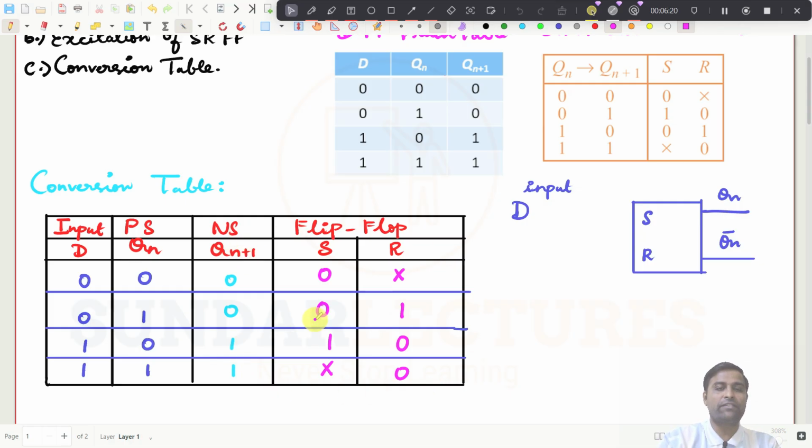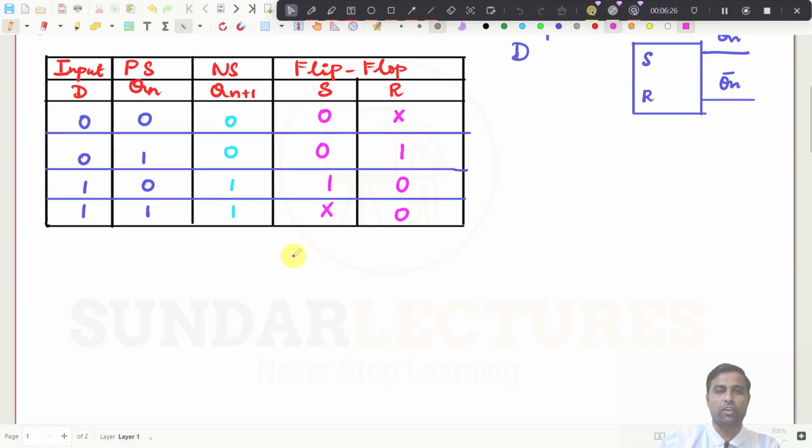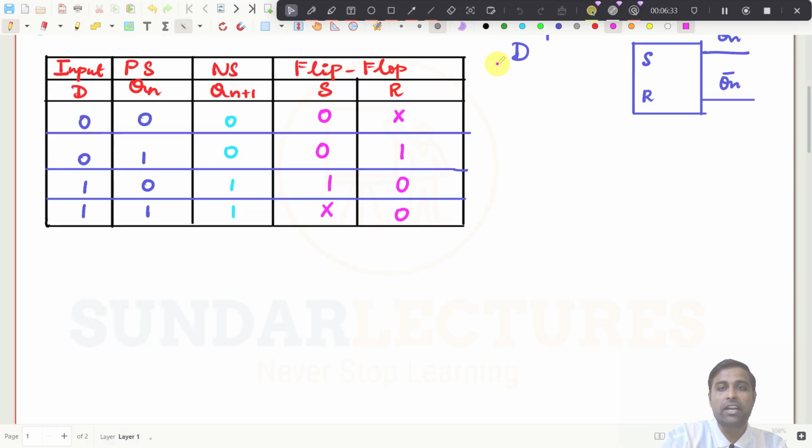So now what we have done is derive the conversion table. The next step is also very important. Now the fourth step, I will take it as D. What is the next step?